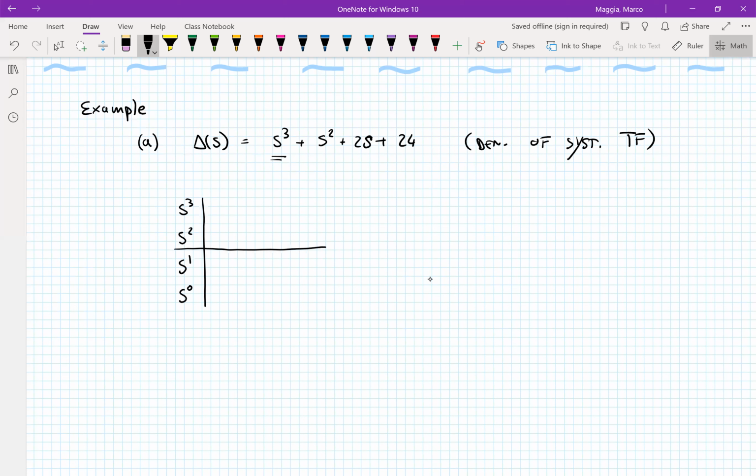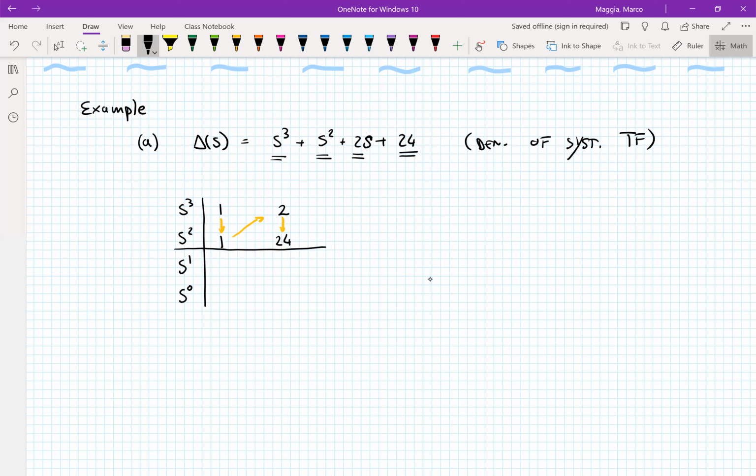So we start with the coefficient of s cubed, and then we go down using the coefficient of s squared, and then diagonally up using the coefficient of s, so it is 2, and then down again, that is 24, and that's it.